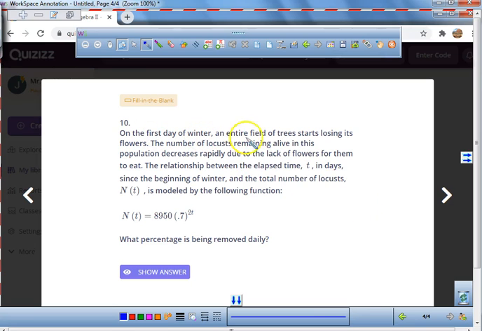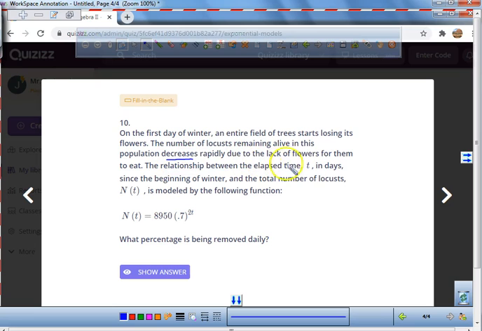On the first day of winter, an entire field of trees started losing its flowers. The number of locusts remaining alive in this population decreases rapidly due to the lack of flowers for them to eat, and so on. T is days, so I'm going to write T equals days. And I'm going to create a new function over here. Let's say we start with a population of locusts that's 10,000, instead of 8,950.